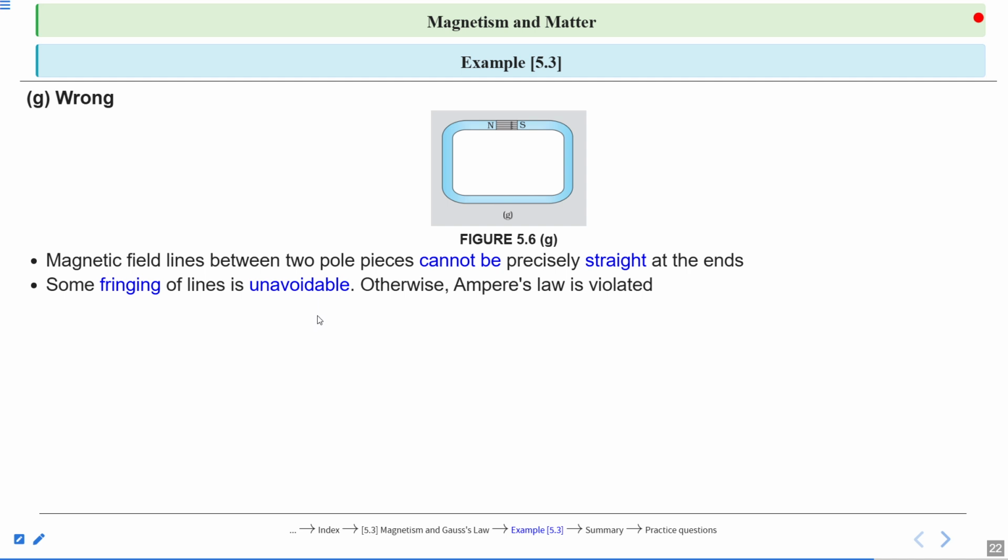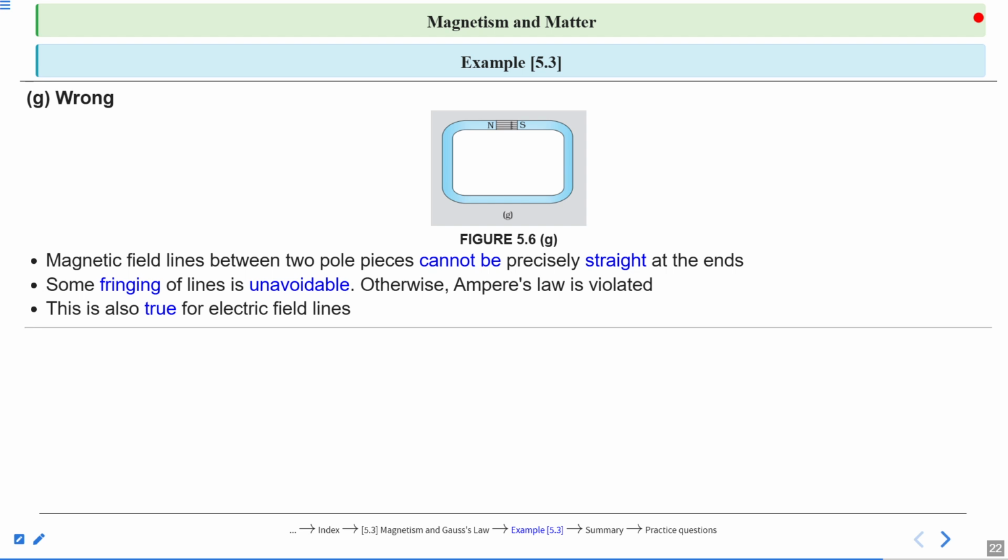Ampere's law is violated. This is also true for electric field lines. Electric fringing is always there. We have also studied fringing in capacitors. We take a large area of the plates of the capacitor, or decrease the separation between them, so that the fringing effect can be avoided.